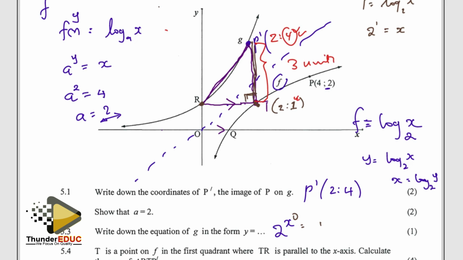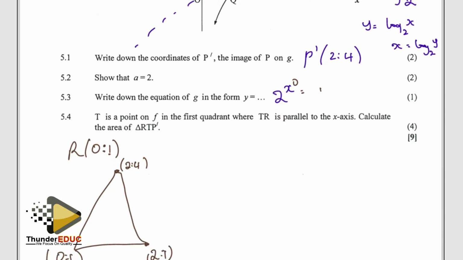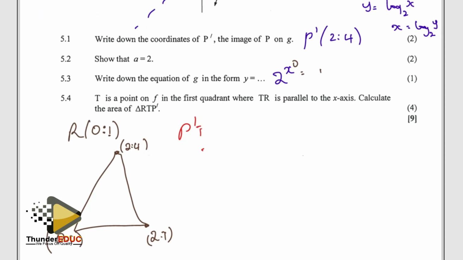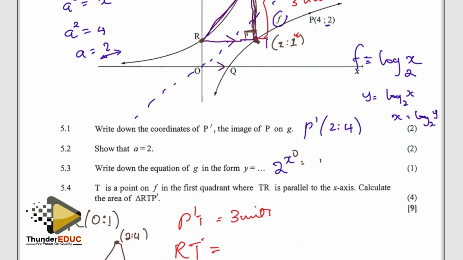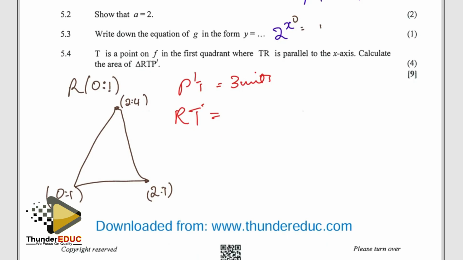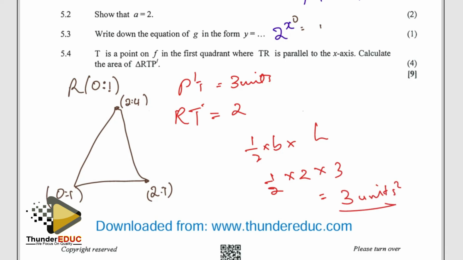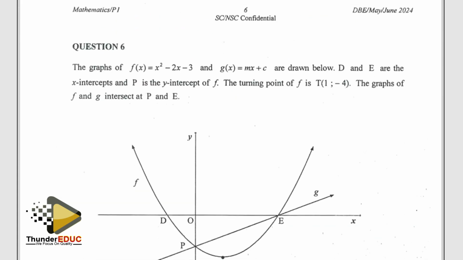So distance P prime T is 3 units, and then the distance RT is going to be just 2 units from there up to there. And then all we have to do is calculate the area: a half times the base times the height, so a half times 2 times 3. That gives me 3 units squared. So that is question number 5.0.